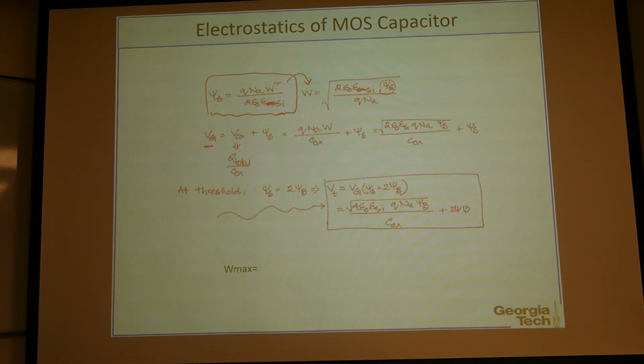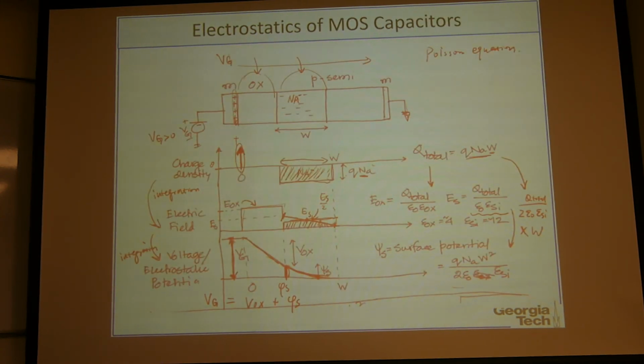So what is the Q total? Q total in this case is the total charge here. This charge is across some capacitance of the COX, because here is a capacitance. So this charge over this capacitance will give you this voltage drop, VOX.